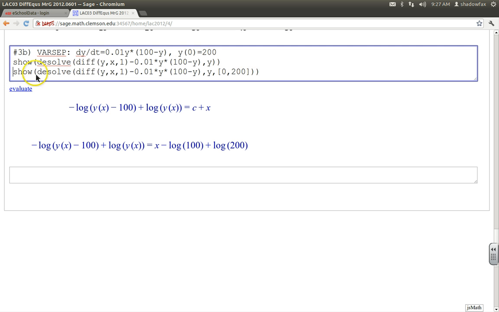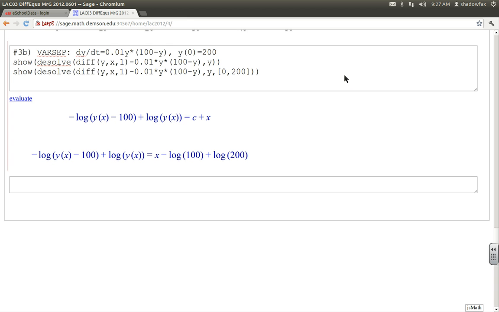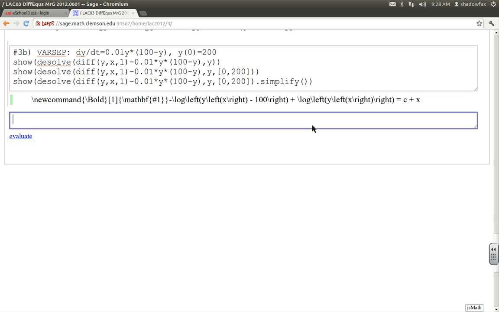Don't you remember how to do this? You've been doing this your whole life, right? All right, how about this? What if we simplify this a little bit? Let's put a dot simplify after the DE solve. Dot simplify, let's see if that simplifies something for me.